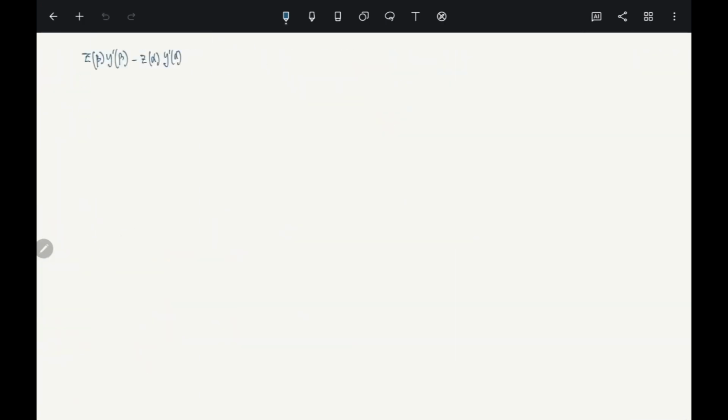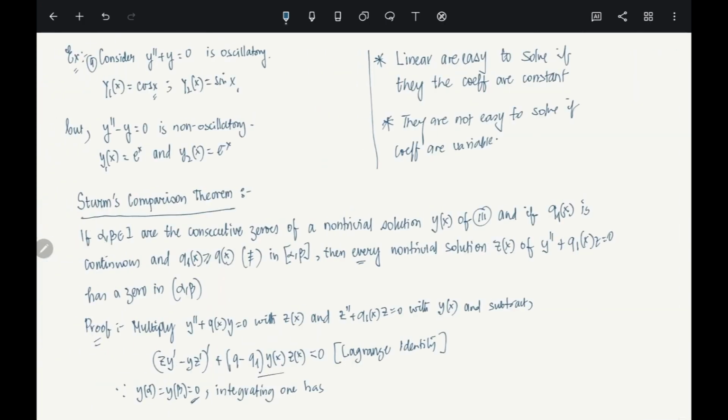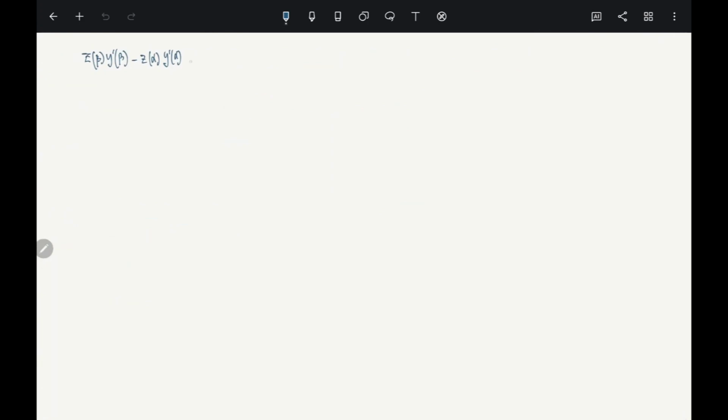This is the only term remaining, and then the integral of this particular thing, plus the integral from alpha to beta of (q(x) - q1(x)) y(x) z(x) dx. I hope this is clear. Very simple. Lagrange identity, and after that you integrate it. This is basically the Green's identity, if you want to call it that. So we have this.